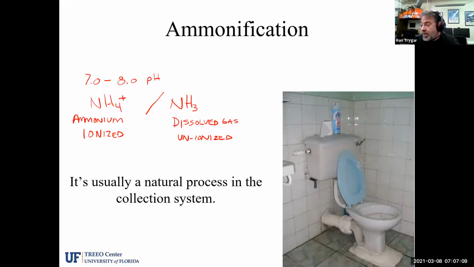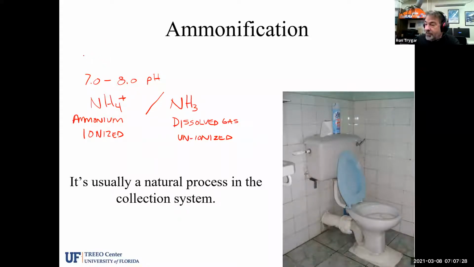So it's unionized. In nature, in our wastewater treatment plant collection system coming into the plant, we have dissolved ammonia gas. Now it depends on the pH. As the pH is around 7 to around 8, we're going to have a higher percentage of the ammonium.